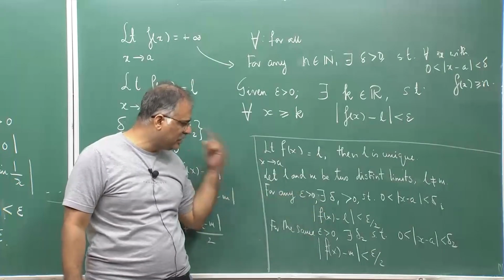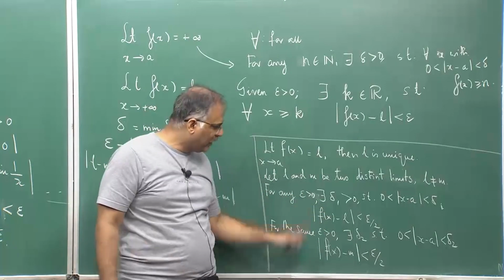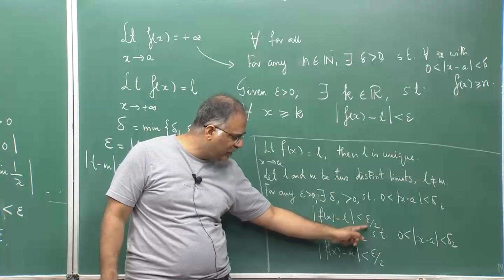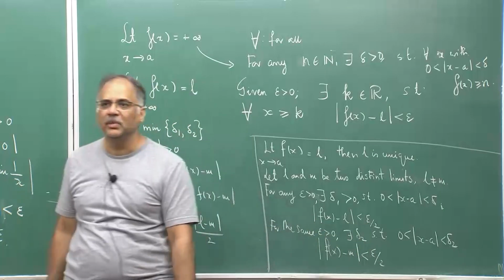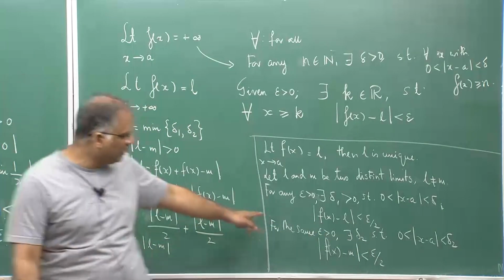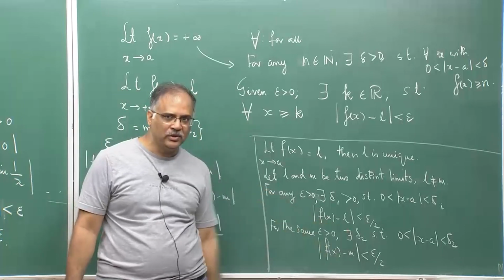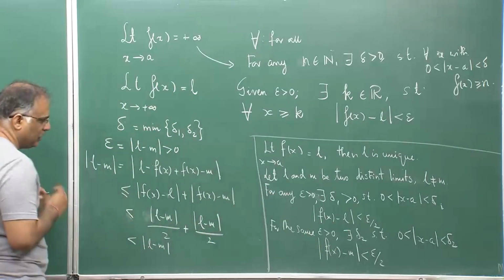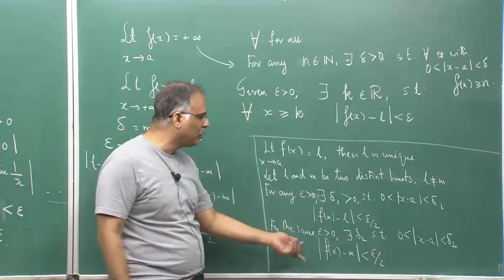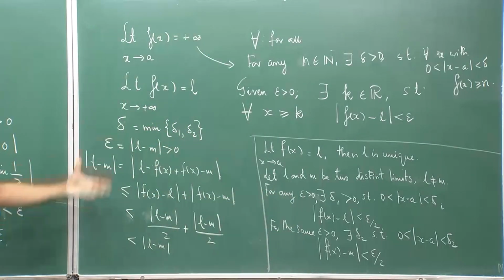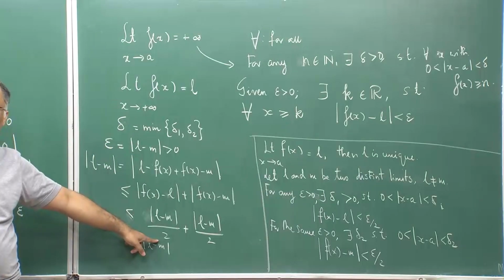So, if I put epsilon as |L minus M|, there exists a delta 1 for which this will happen with |L minus M| by 2. The same thing will happen here if I put epsilon equal to |L minus M|, there will be a delta 2. Now the delta that will work for both of them would be the common delta, the minimum of delta 1 and delta 2, and for all such x's this is true.